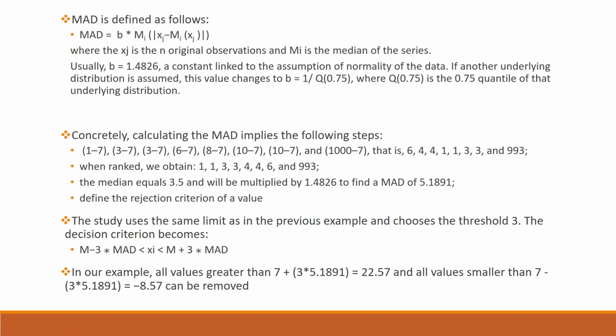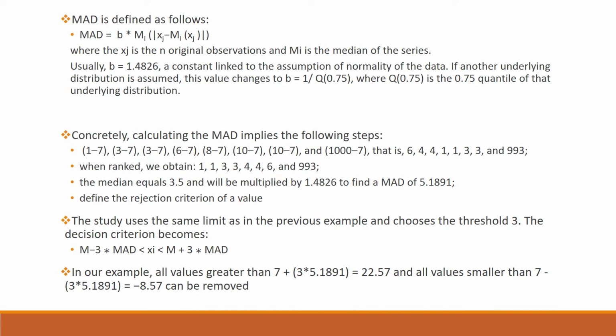Now, depending upon the stringency of the researcher's criteria, which should be defined and justified by the researcher, Miller, in a paper in 1991, proposes the values of 3 very conservative, 2.5 moderately conservative, or even 2 poorly conservative.